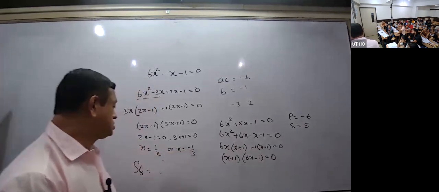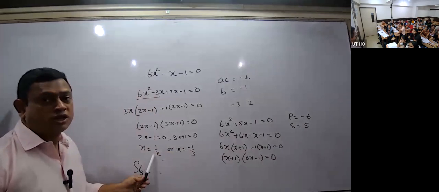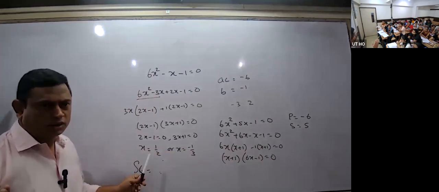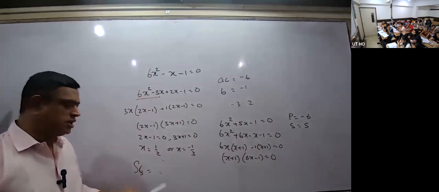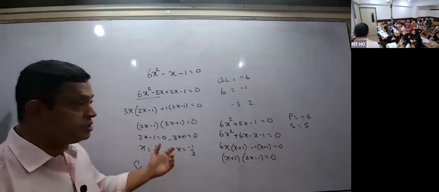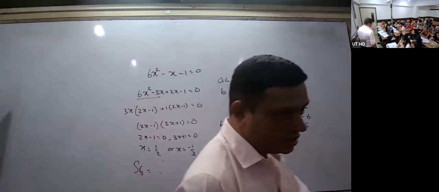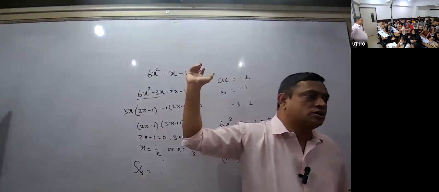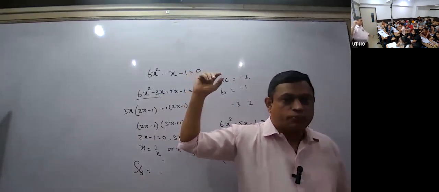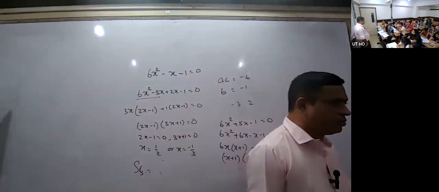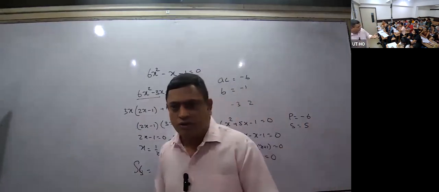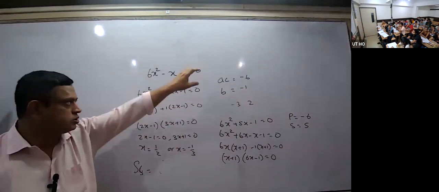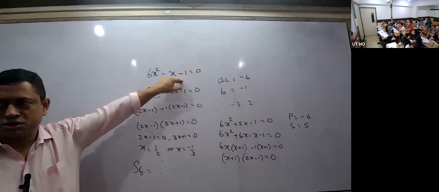Now, if the question asks, should we make it into decimal form? Not required. In the simplified form, you write it, that is enough. When big numbers come, factorize. When the question comes, I will show you: factorize the product and then do the grouping. Big numbers in hundreds and thousands will also come.